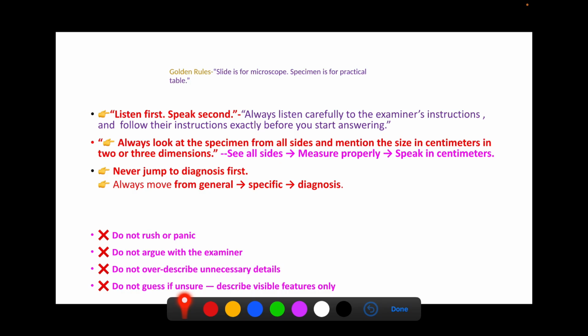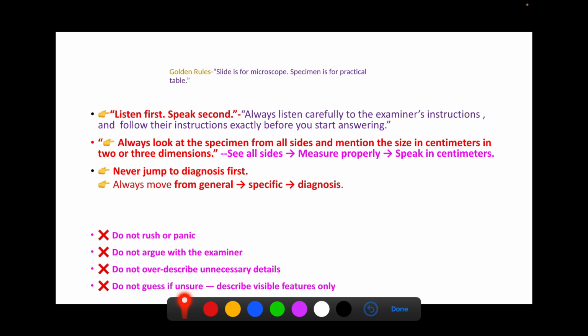Second, always look at the specimen from all sides and mention the size in centimeters in 2 or 3 dimensions. There are many specimens put on the practical table. When you are asked to describe a specimen, first look at it carefully from all sides.